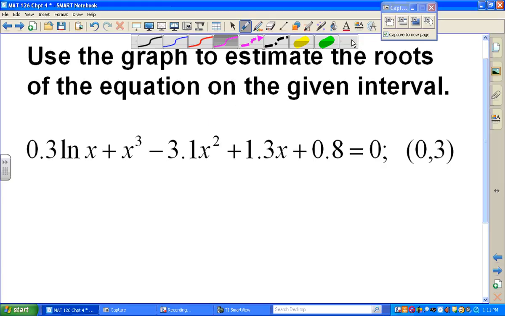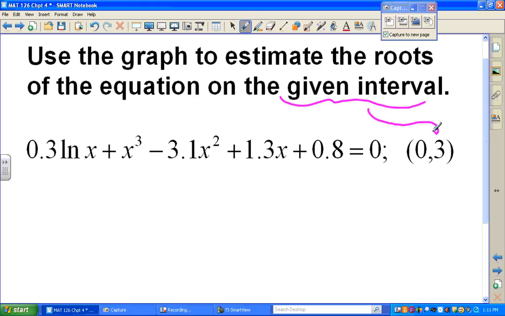The only thing is, this happens in the calculus book all the time. This isn't the point 0, 3. This is the domain 0 to 3. So it tells you how to set up your calculator to find the answer. So your minimum is 0, your maximum is 3, and all your points are in between. And you can see you're looking for 0. And I don't think I'm going to go through that.